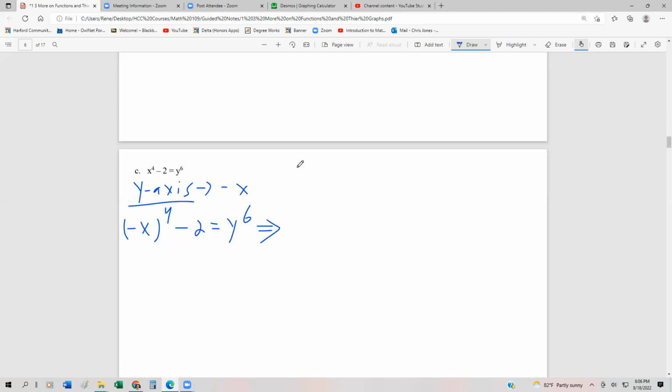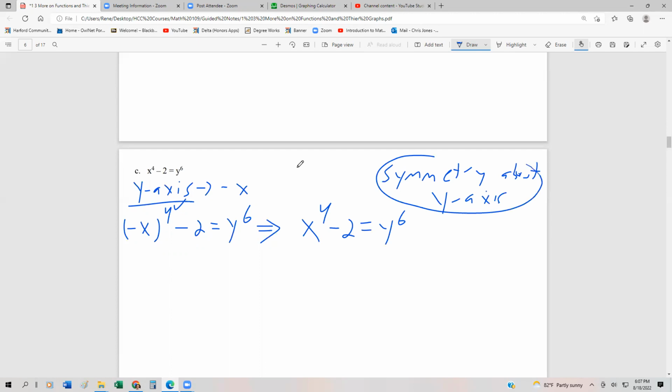And that's the same as positive x to the fourth, because we have an even power, minus 2 equals y to the sixth. So we certainly see that it does have symmetry about the y-axis, because we have the same expression that we started with. So notice that's the same.